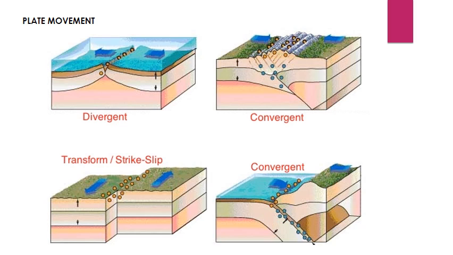Now here's some pictures of plate movements. We have different movements. Divergent means that they pull apart, and as they do, the lava from below, or magma, comes up, and as it gets released, we call it lava, and it makes new land where there was a hole before.